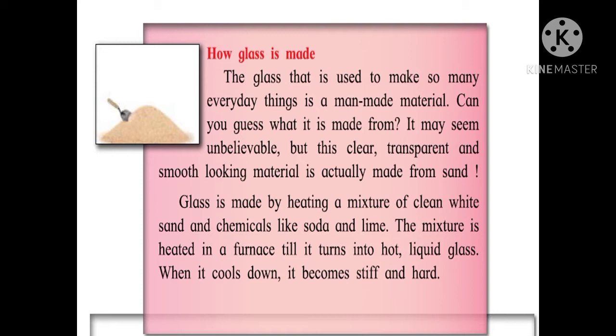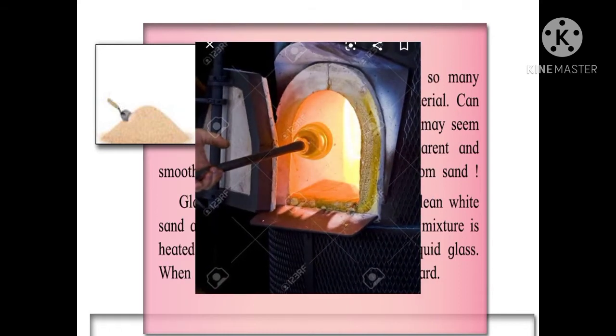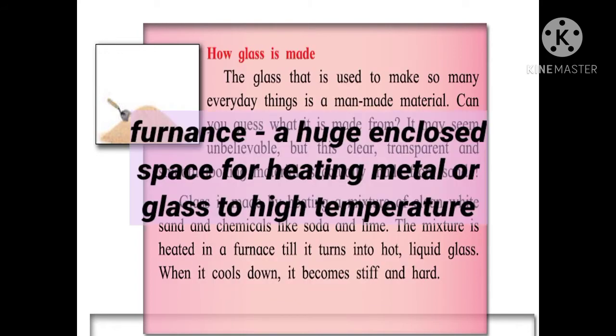Glass is made by heating a mixture of clean white sand. Now, glass is made with the help of clean white sand and soda and lime. This mixture of three things is heated in a furnace. Furnace is a huge enclosed space for heating metal or glass to high temperatures.